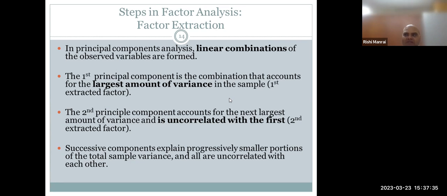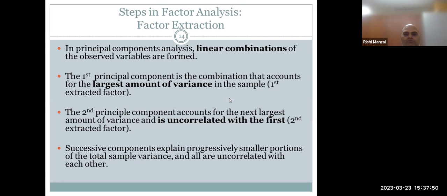The variance of that particular factor will start going down, and we will understand that these are not contributing significantly, and therefore we will not consider those factors in the factor analysis.